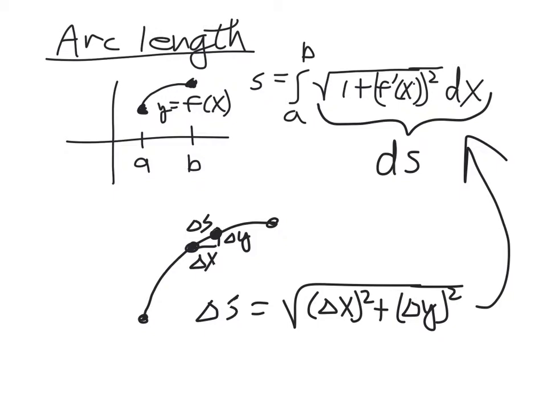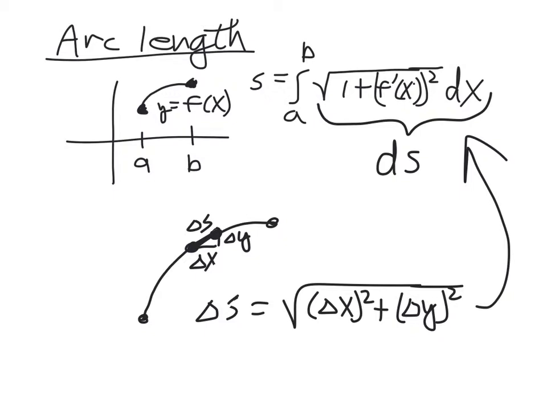And this same idea is used with the area of the surface of revolution, except we'll have an area to look at rather than just the length, very short length. So let's take that next step up.